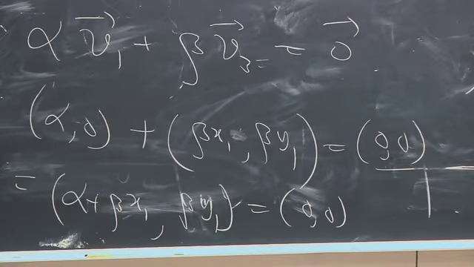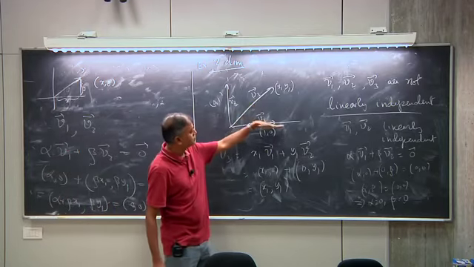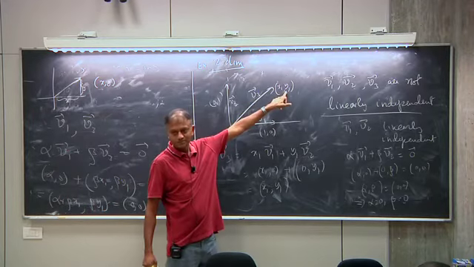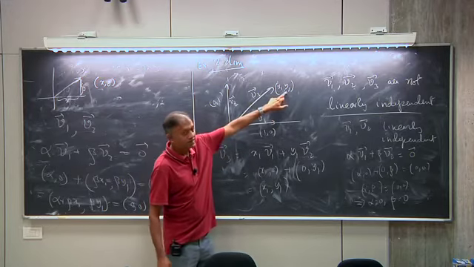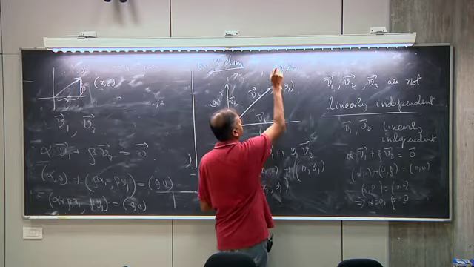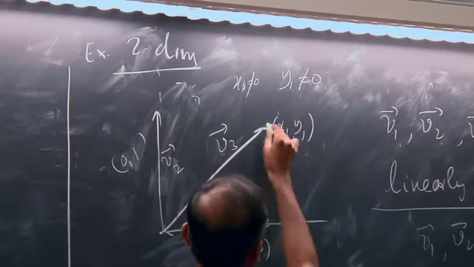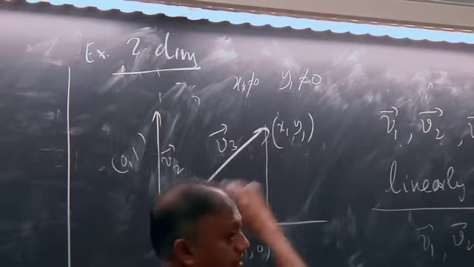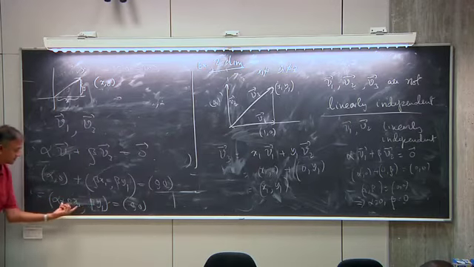Okay. Now I want to solve for alpha and beta. I'm assuming that, of course, V3 is not parallel to V1, so Y1 is not 0, right? This is not along V1, so Y1 is certainly not 0 here. And actually, in this picture, even X1 is not 0, because it has non-zero components both here. Right? Okay. Now look at this.